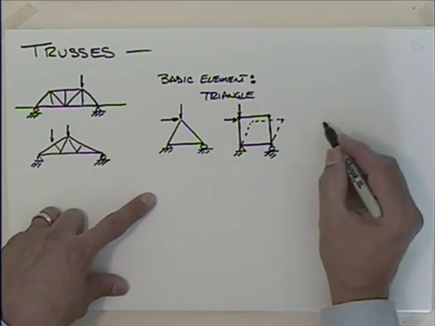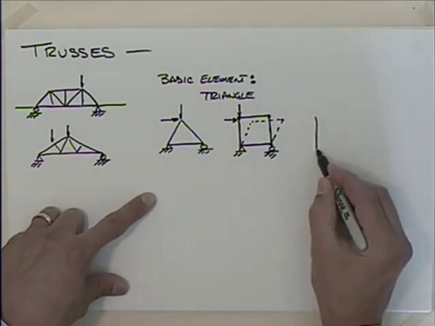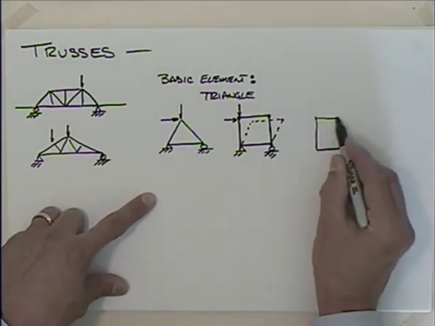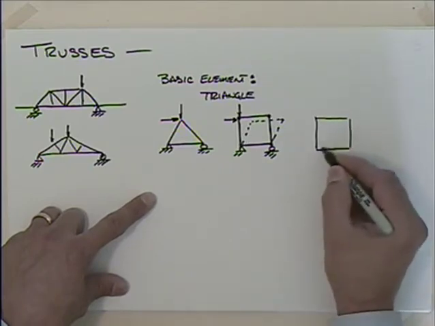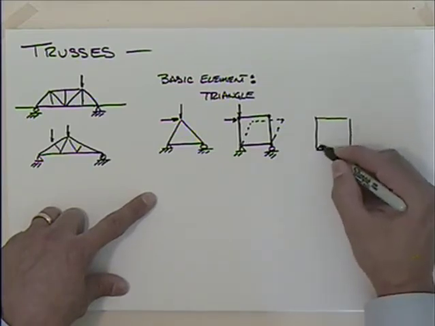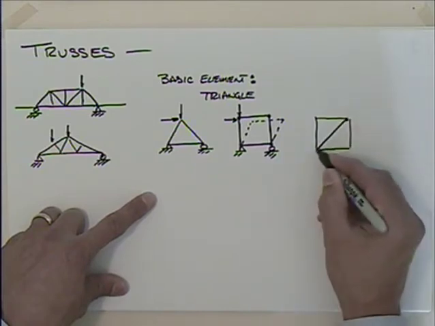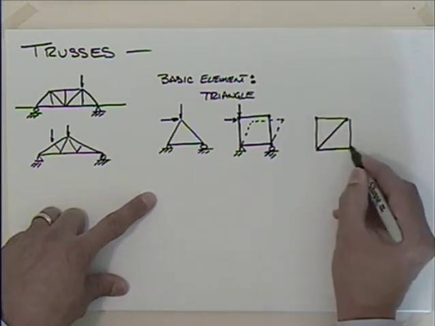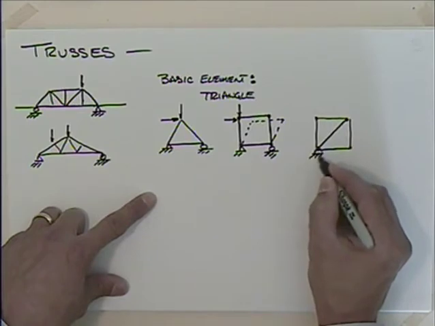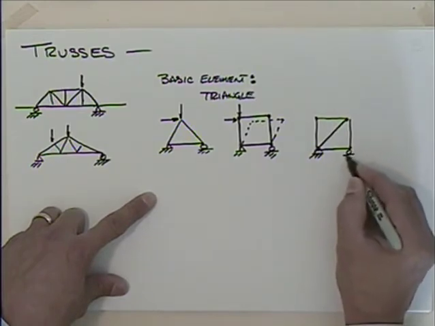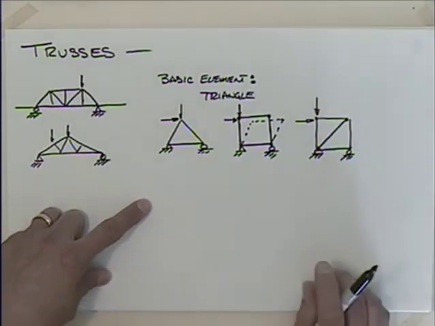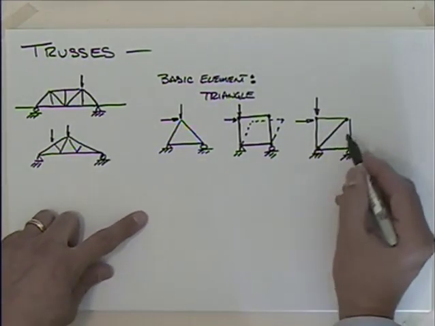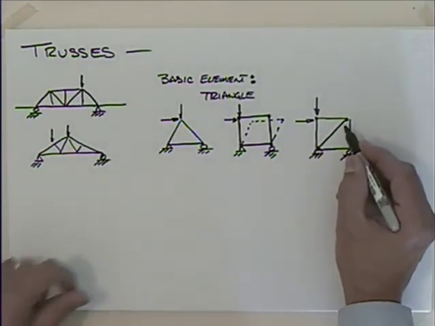Now you could correct it if you wanted to by putting a brace on it. Anyone that's braced up a sagging gate or screen door recognizes that if you put a brace across there and you apply these forces, things are going to be okay again. That's because you've gone back to the basic element of the triangle.